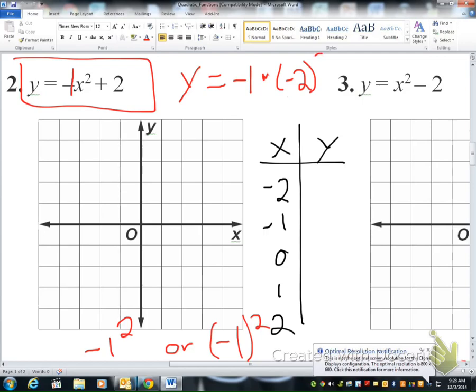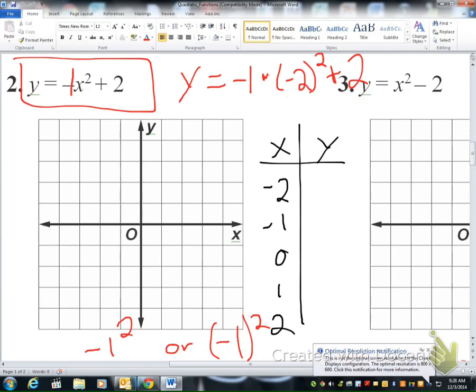Alright, so negative 1 times negative 2 squared plus 2. So, order of operations says what happens first? Parentheses. Okay, well parentheses, do they have an operation inside of the parentheses?